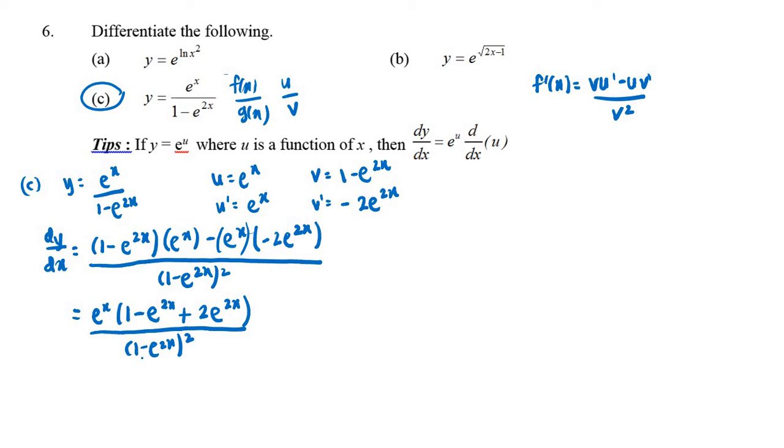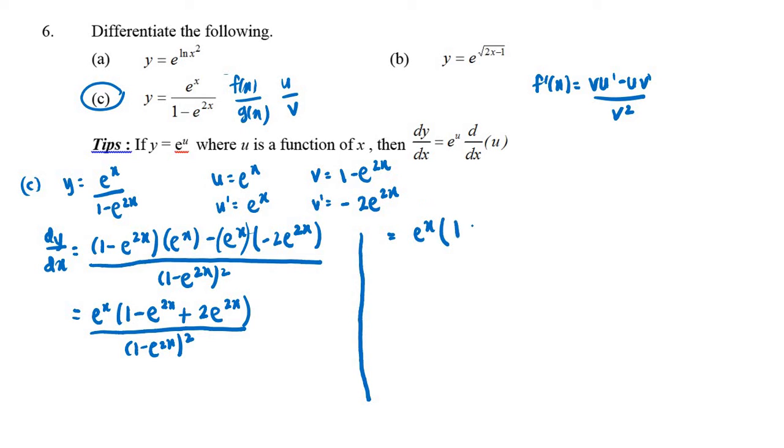Okay, so after that, what we can see is we can just simplify this. So simplify the numerator dulu. Okay, so e to x, then we can see that negative e to the power of 2x plus 2e power 2x. So kita akan dapat dekat situ positif lah, negative 1 plus 2.